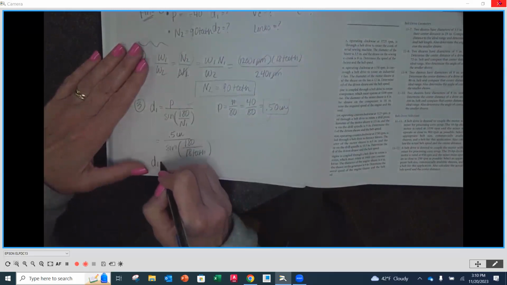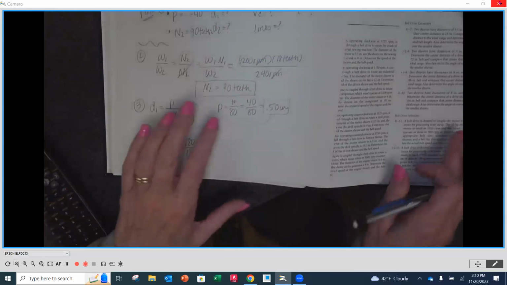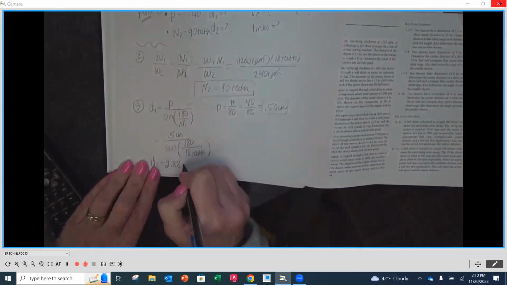So D1 is going to be equal to, and this will be in inches, 0.5... Double check we can do that correctly. All right, yeah. So I'll get 2.88 inches.